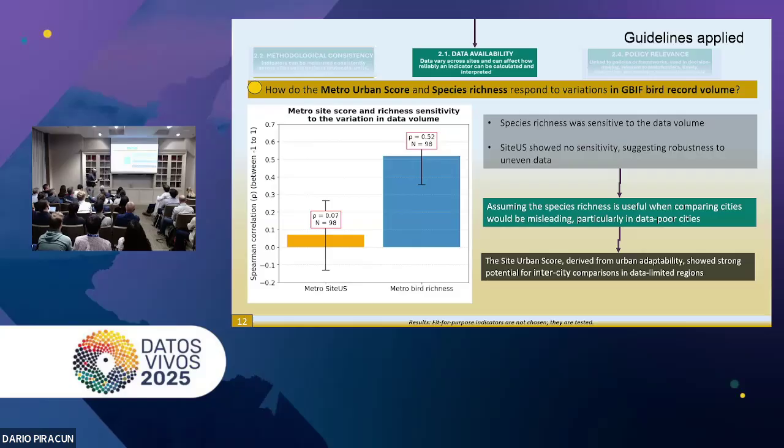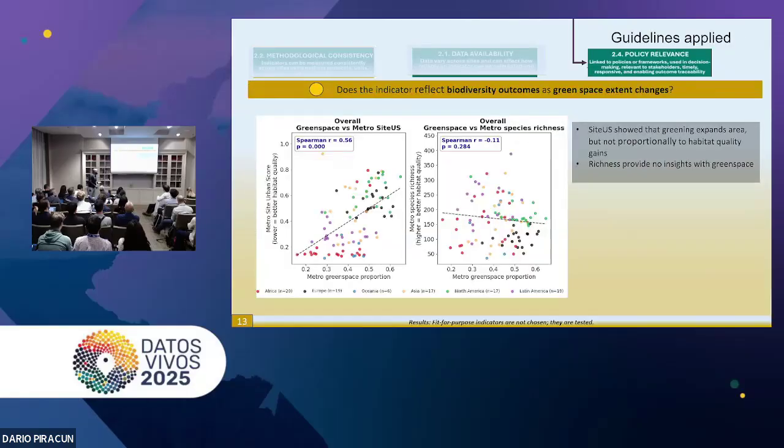When you look at metro species richness under scale manipulation, it's clear that it is really sensitive to data volume, which means that if you have enough reports, you're more likely to have more species richness in that city. But the metro site score was not responding to data volume, which allows this metric to be used for comparison across different cities, regardless of data volume.